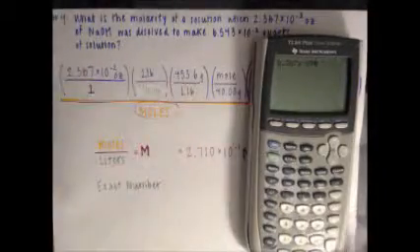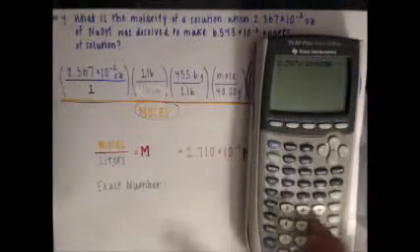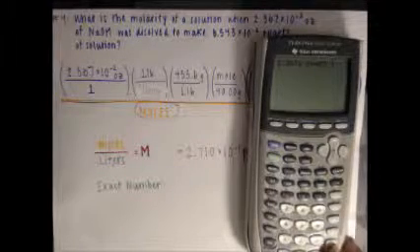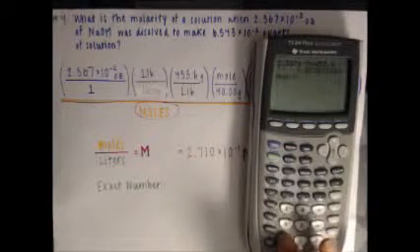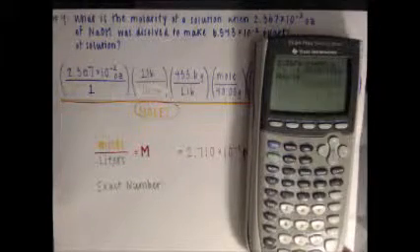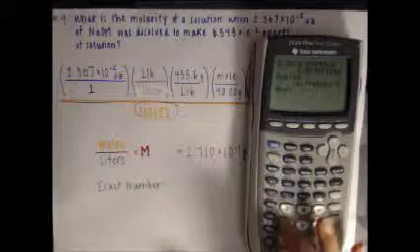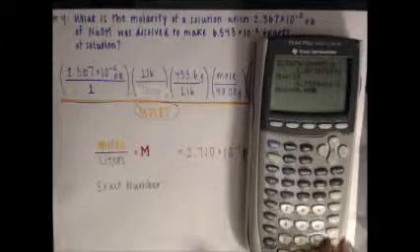Next, multiply it by 453.6, and then we are going to hit the enter key. We are then going to divide it by 16, hit enter, and then again divide it by 40.00.